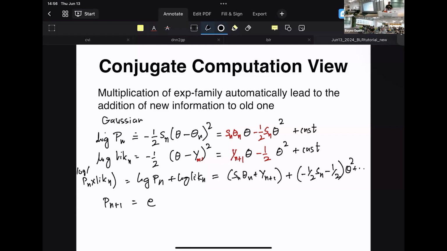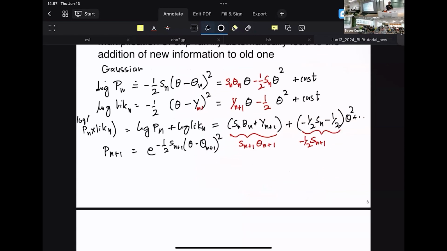So then I'm going to call this Sn plus 1 minus half. I'm going to call this Sn plus 1 theta n plus 1. Does it make sense? And then I can put it in a Gaussian form: Sn plus 1 times theta minus theta n plus 1 squared, right? So I know that theta n plus 1 is what it is.